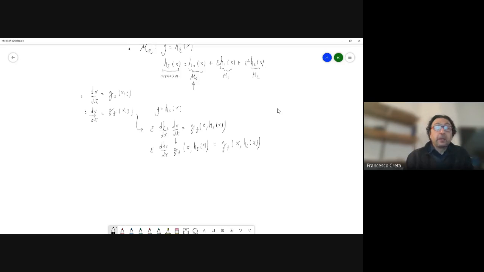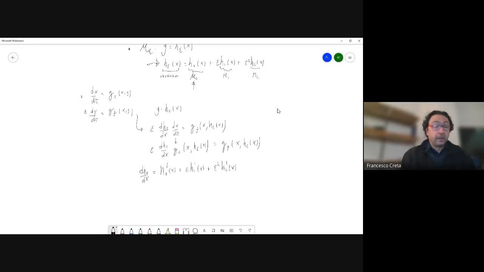Now, clearly, we know what h epsilon looks like. For example, dh epsilon by dx we can call h0 prime of x plus epsilon h1 prime of x, and so on.